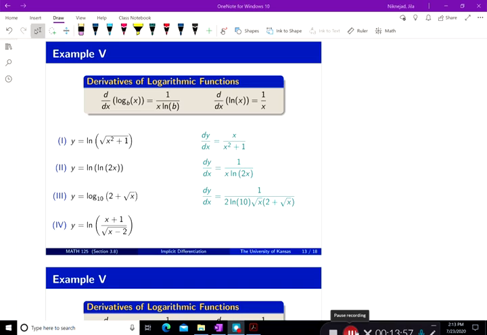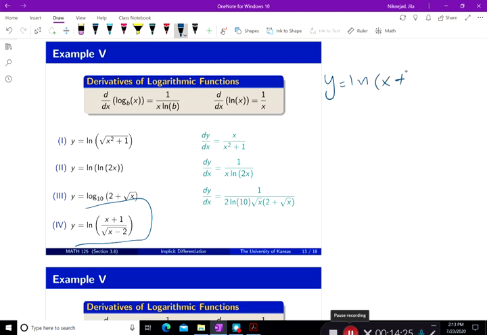Example 5, part 4, and the last part, we're solving for the derivative of natural log of (x plus 1) over square root of (x minus 2). So this one, the best bet is to start with the law of logarithm.